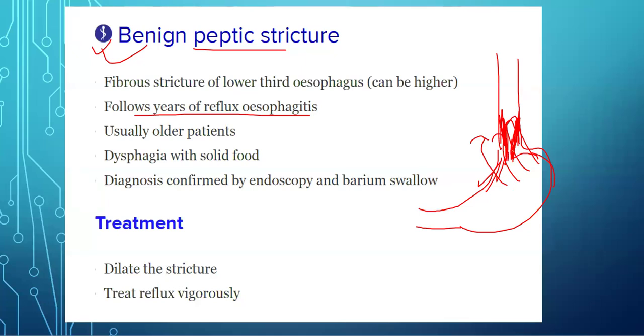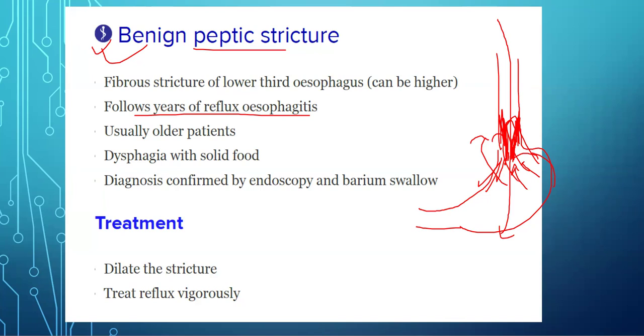Because now that the lower end is narrow, it is difficult for the reflux to happen, right? And because it's narrow, it's now difficult to get the food into the stomach. So they get dysphagia, but their reflux gets better.